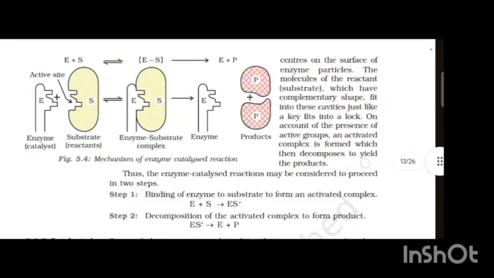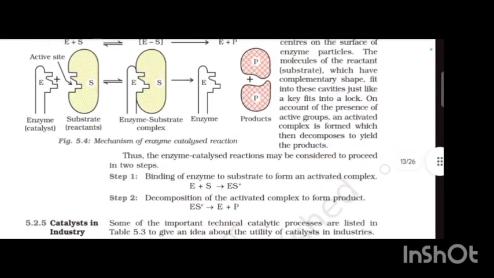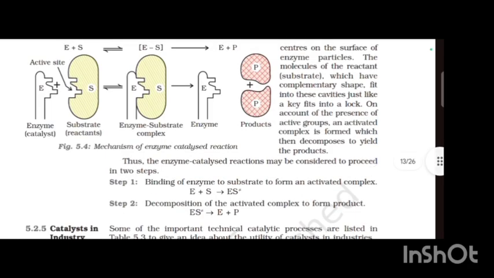The molecules of the reactant substrate which have complementary shape fit into these cavities just like a key fits into a lock, on account of presence of active groups, and an activated complex is formed which then decomposes to yield the products. Figure 5.4: Mechanism of enzyme catalyzed reactions.